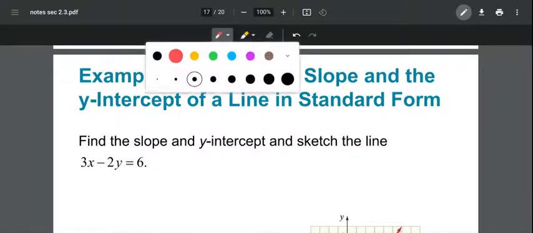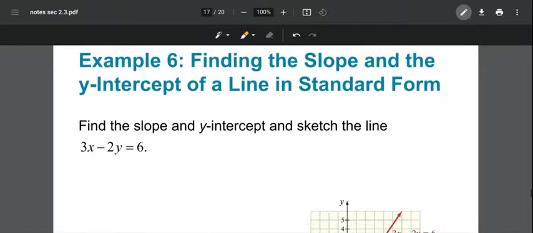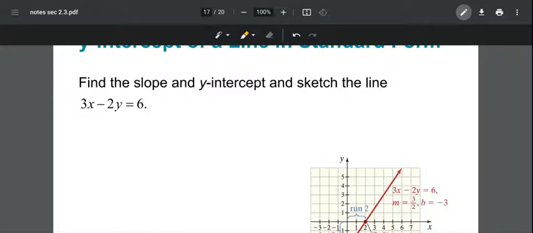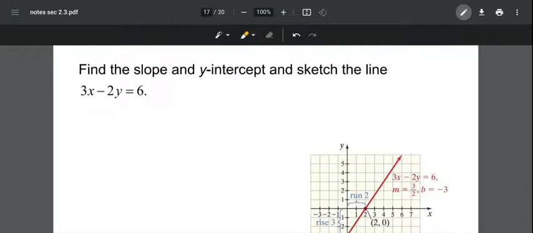Okay, so next example. Find the slope and the y-intercept and sketch the line. So we need to find the slope and the y-intercept. This is A, this is B, this is C, because we have a standard form. A equals 3, B equals -2, C equals 6.